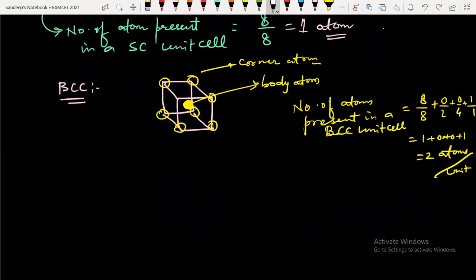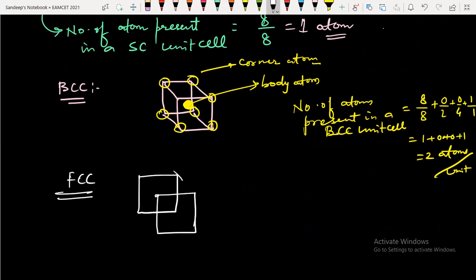Now let's see FCC. How many atoms are present in an FCC unit cell? Atoms are present at corners and faces.